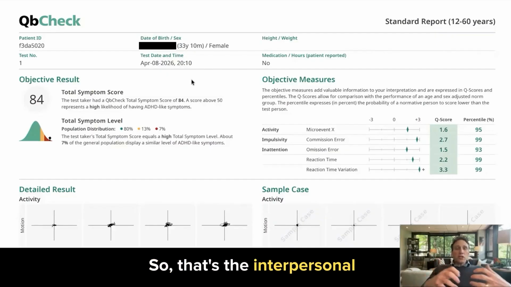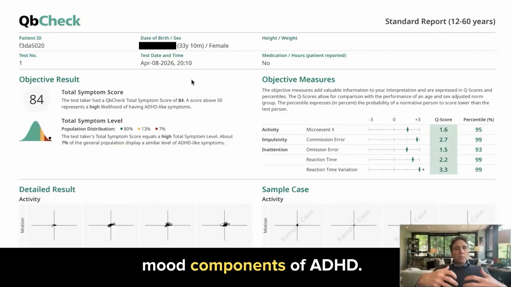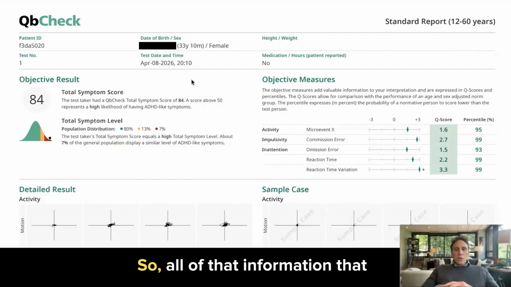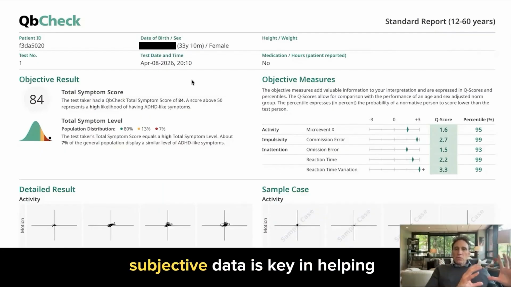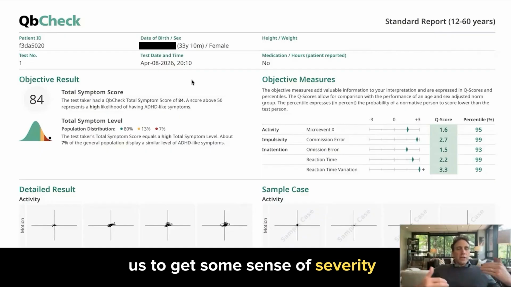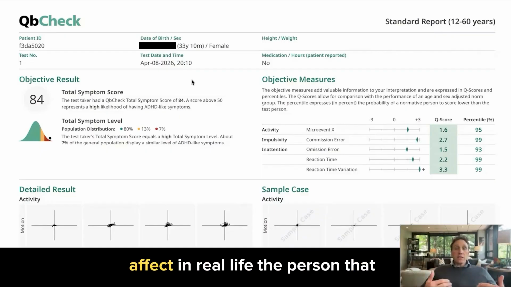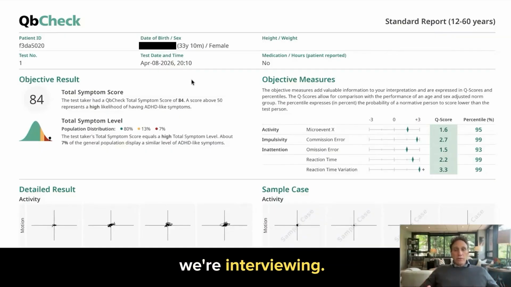That's the interpersonal mood components of ADHD. All of that subjective data is key in helping us to get some sense of severity of symptoms and also how they affect in real life the person that we're interviewing.